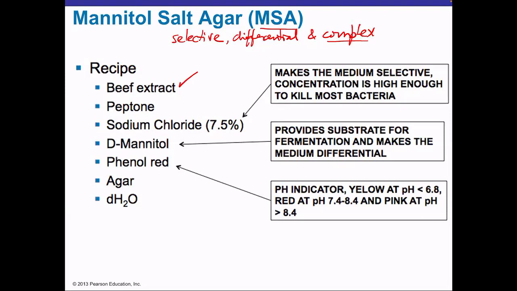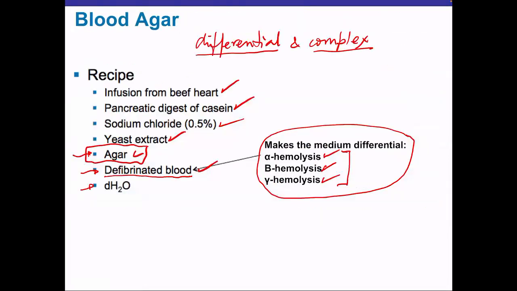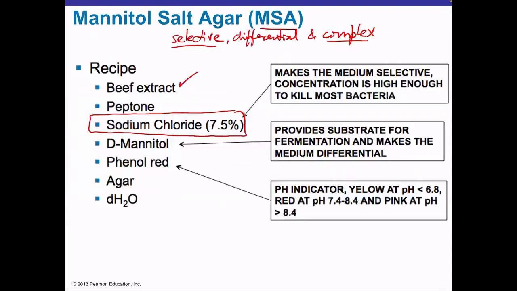So first, let's look for the selective agent that is making this medium selective to grow only a particular group of bacteria. That selective agent is sodium chloride. If you remember, sodium chloride in the previous medium, the blood agar, was at 0.5% to create that isosmolar medium. In the case of mannitol salt agar, we have 7.5%, a lot of salt.